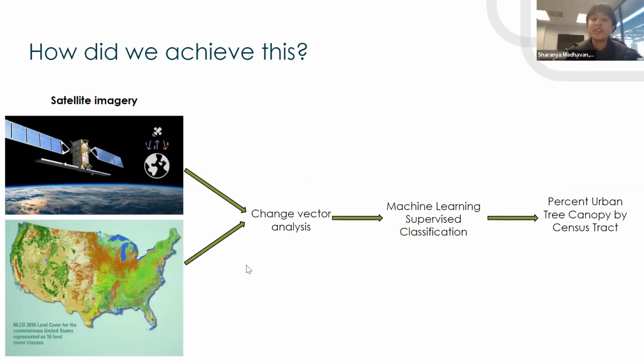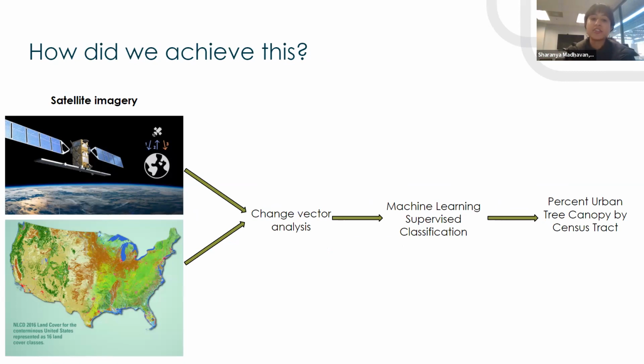Okay, so how did we achieve this? Our methodology, I just want to go over this real quick so you guys can really understand how hard we've been working to create this data set and put the same trust into it as we have. We started with satellite imagery. We gathered satellite imagery from NASA in combination with the National Land Cover Database, also known as NLCD.